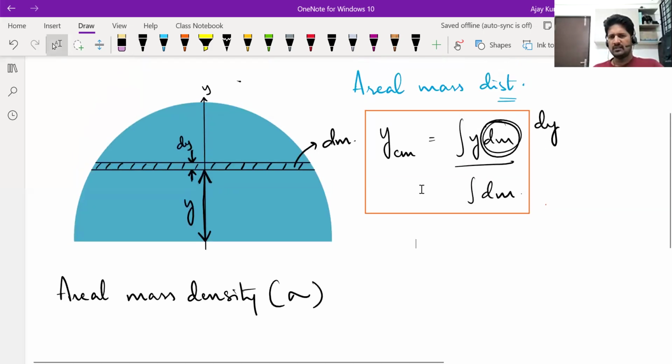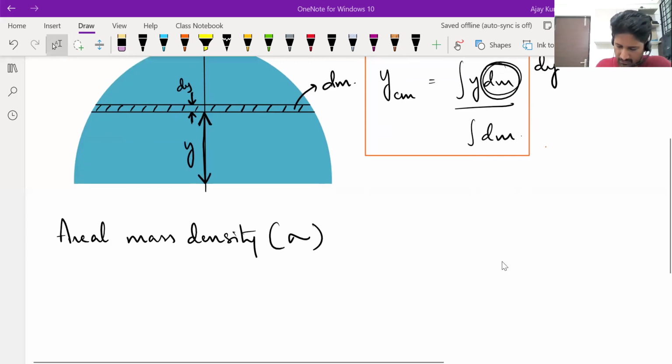Can any of you guess the definition of areal mass density? Linear mass density was mass per unit length. Then what will areal mass density be? Sir, mass per unit area. Mass per unit area, correct?